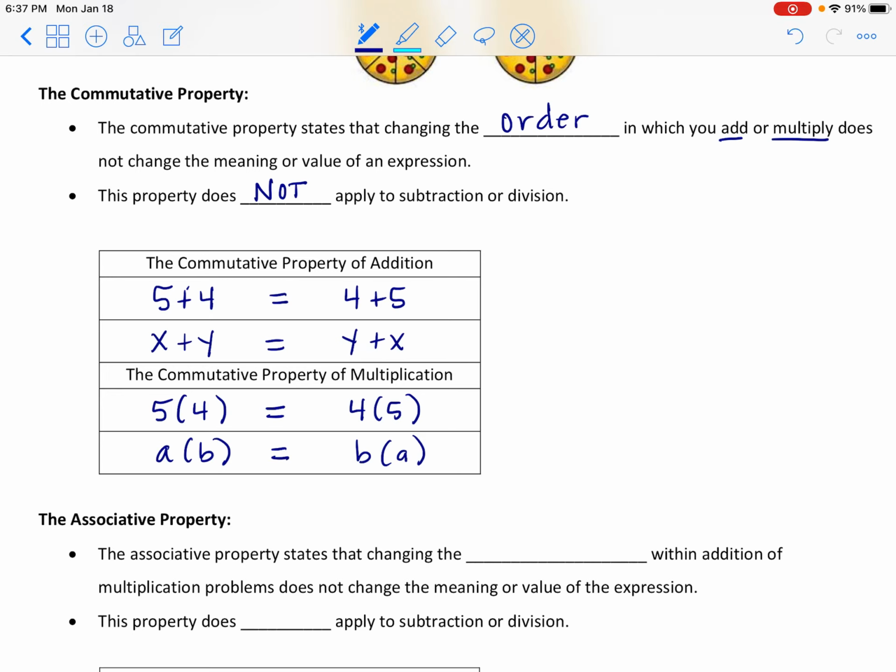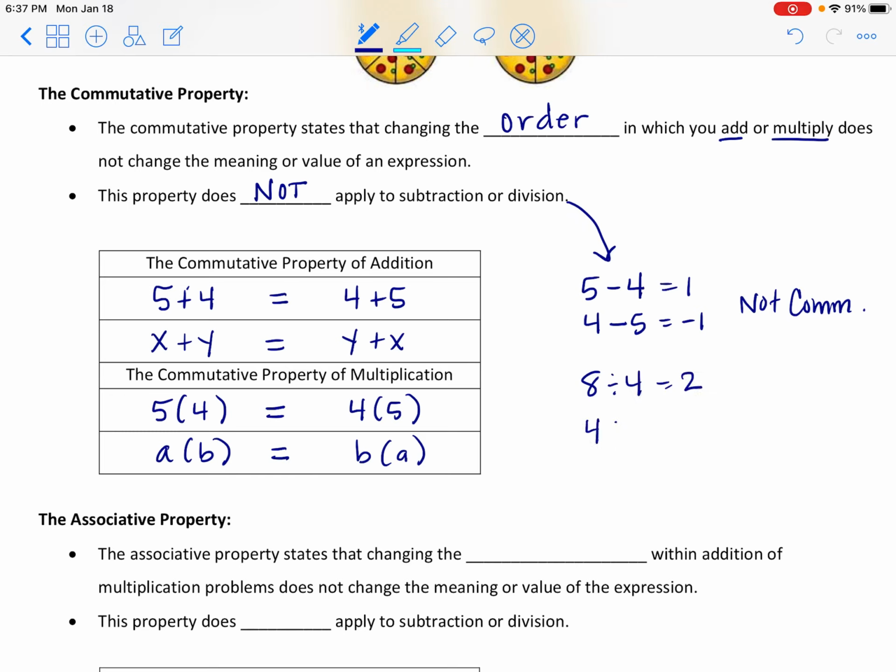Okay, now this does not apply to subtraction or division. So for instance, let's say I had 5 minus 4, that would get me 1. If I change the order to 4 minus 5, that would make a negative 1. So that is not commutative, okay? Not commutative subtraction. Division isn't either. So, for example, if you took 8 and divided it by 4, you would get 2.